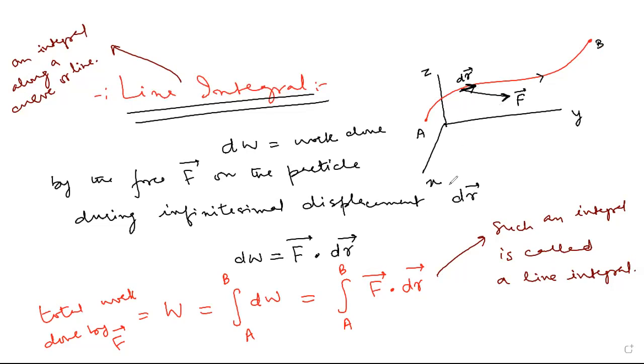In this case, force, it can be some general vector field. We find the dot product of the concerned vector with the infinite small displacement. Then we add these dot products over the whole curve from initial position, in this case A, to final position B. This is the idea of line integral, right?